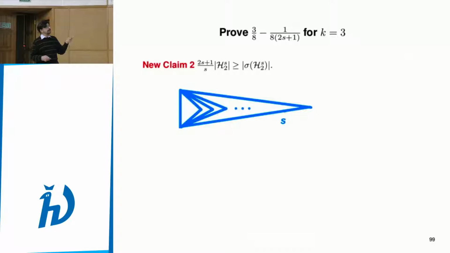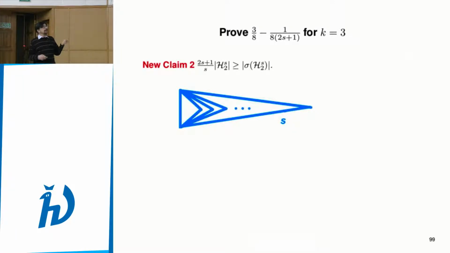S three-element sets sitting on one two-element set. Then the number of three-element sets is S, and the number of two-element subsets will be 2S plus 1. So in this case, we have equality.